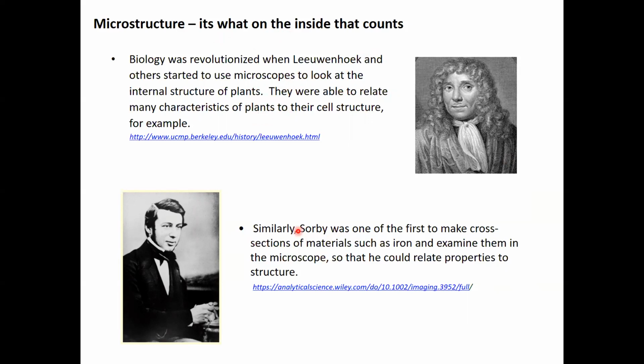Similarly, a very famous geologist, Sorby, was one of the first to make cross sections of iron and other materials, grind them down, polish them and etch them. Looking at them, he saw that even metals and materials were also made up of something like cells, but they weren't really cells. They were grains, as we know now, right?